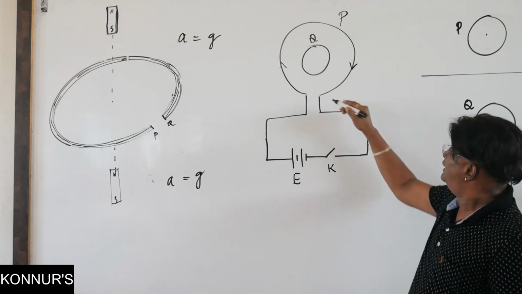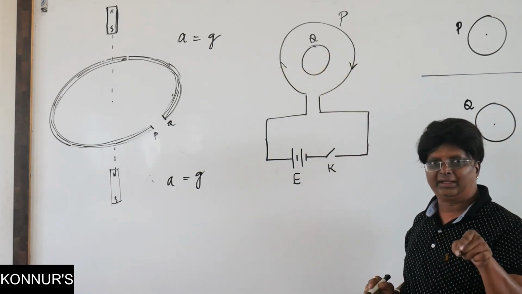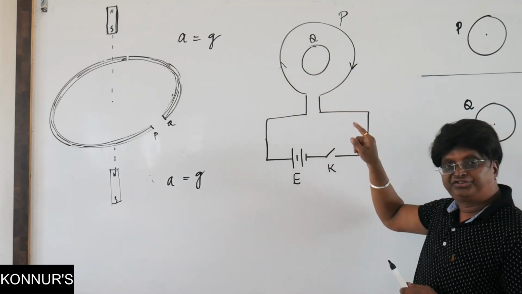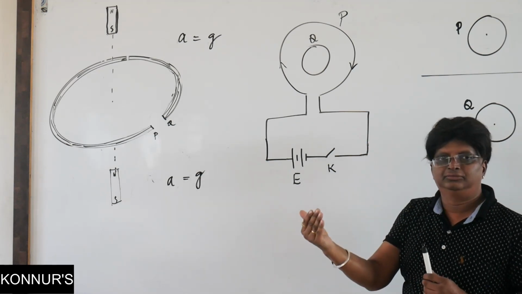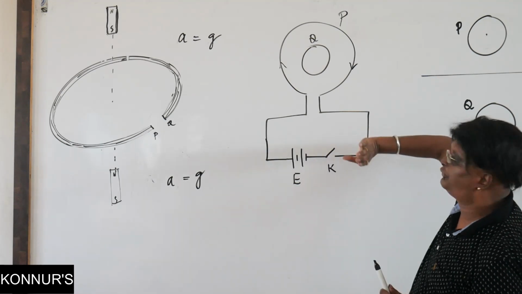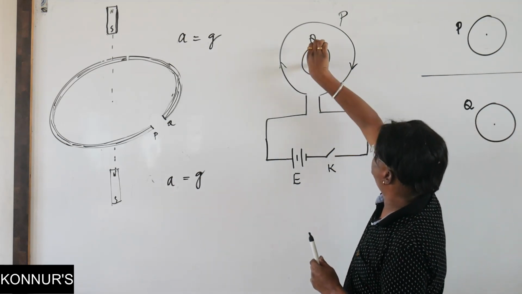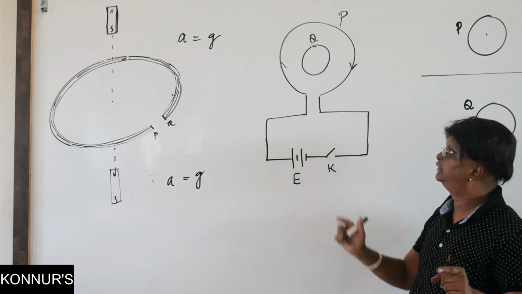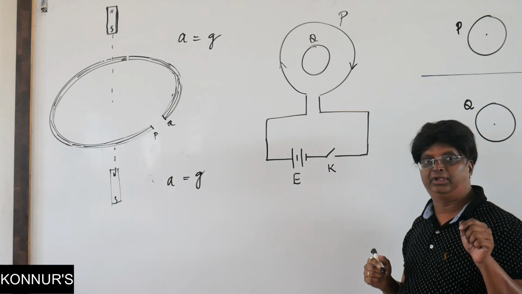The current in the coil P causes magnetic induction and hence flux link for Q. Initially there was no flux link. Now flux starts increasing. In which direction? You please see. If I use our right hand principle for the P coil, then yes, inward flux we are getting for Q. When the key is closed, Q is linked with increasing flux and it is inwards.